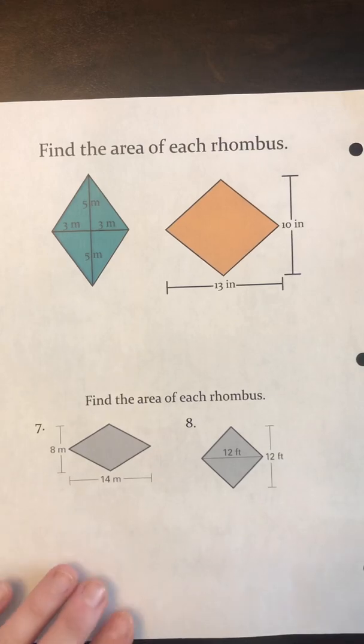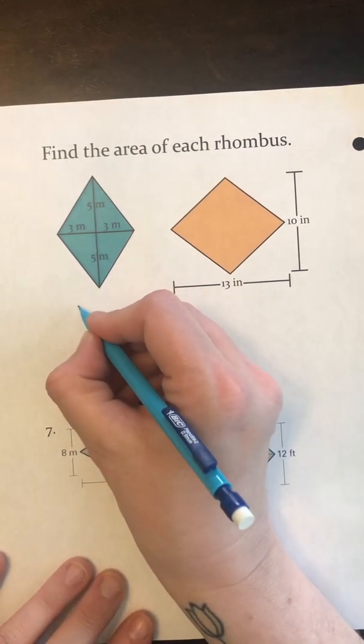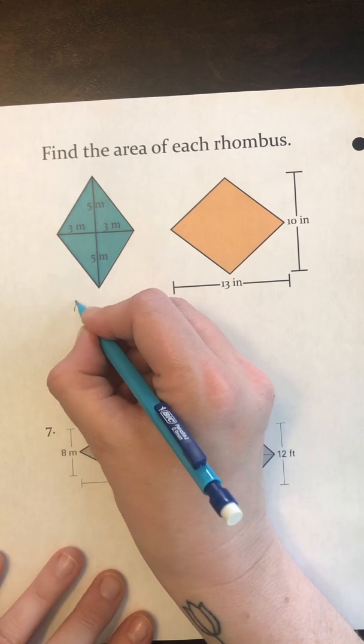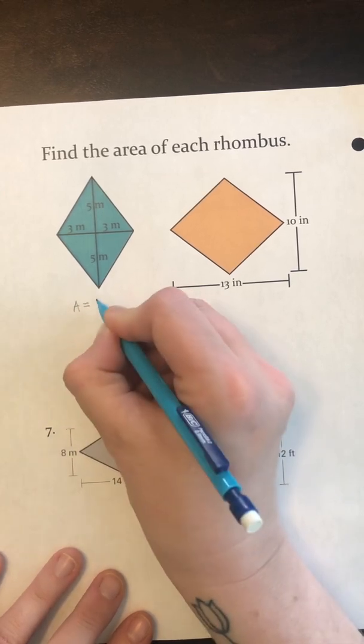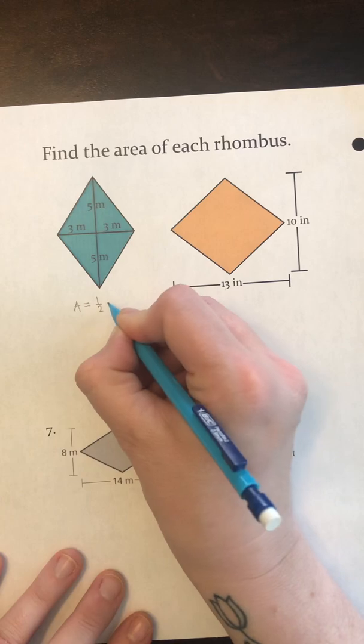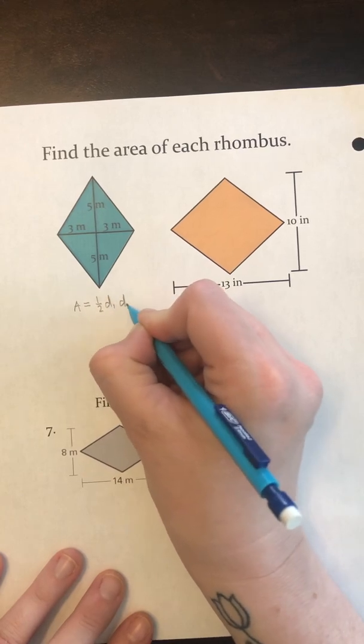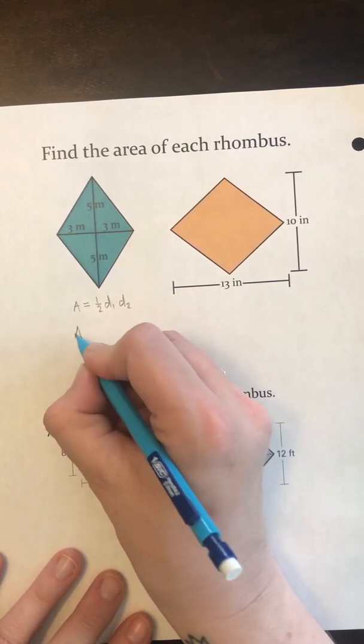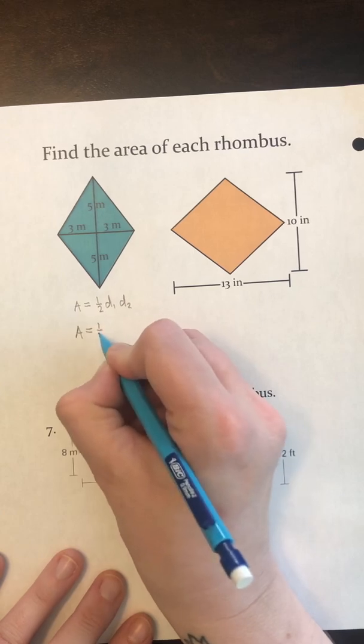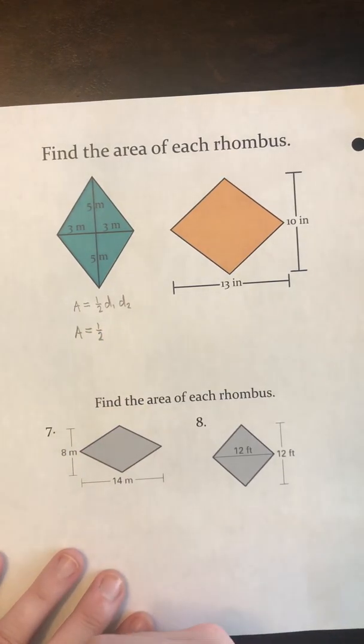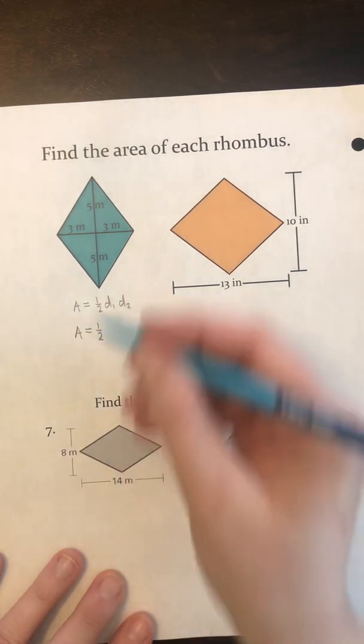So let's take a look at this first turquoise rhombus here, and I'm going to write the formula down. Area equals 1/2 times D1 times D2. So got the 1/2. Let's start with the vertical diagonal.